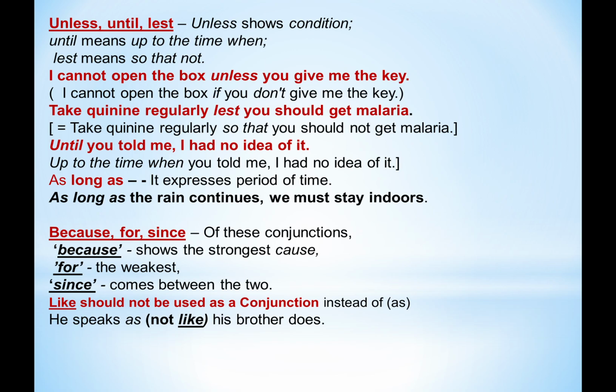Unless, until, and lest: Unless shows condition, until means up to the time when, and lest means so that not. I cannot open the box unless you give me the key. Take quinine regularly lest you should get malaria. Until you told me, I had no idea of it. As long as expresses a period of time.